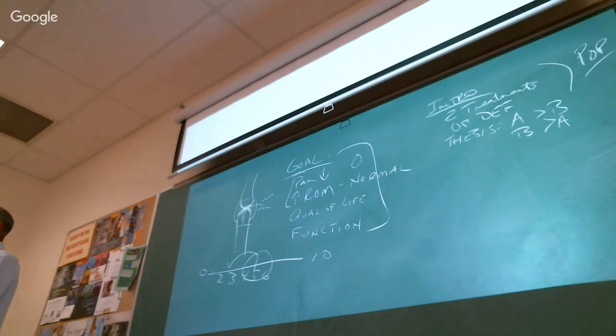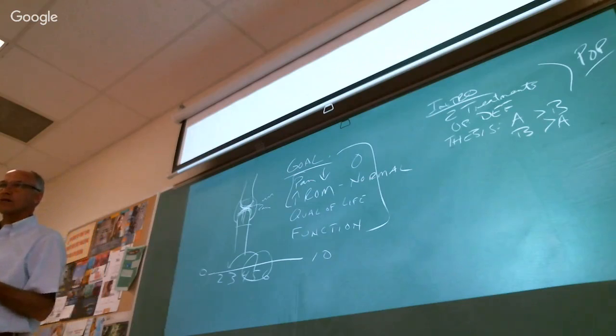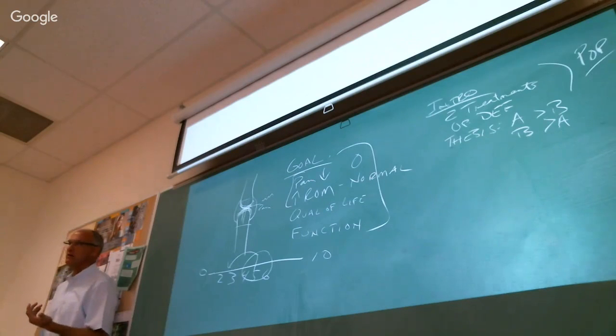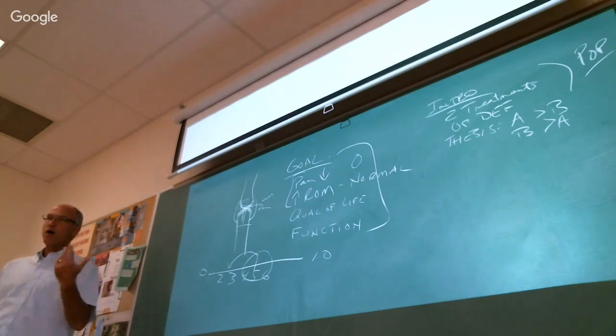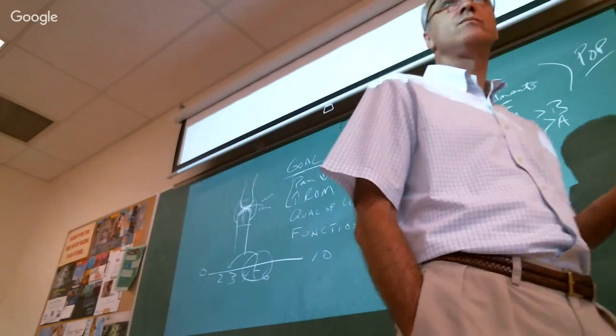What I need you to do is be critical thinkers when you're reading these articles, right? Don't just buy it because somebody wrote it. I need you to look at these studies and be able to determine whether they make sense or not. You know going in that every study is going to be faulty.